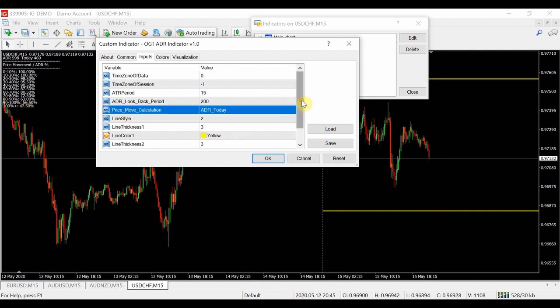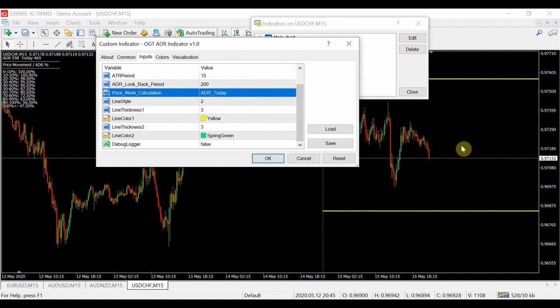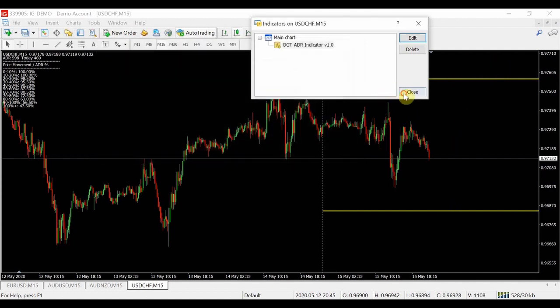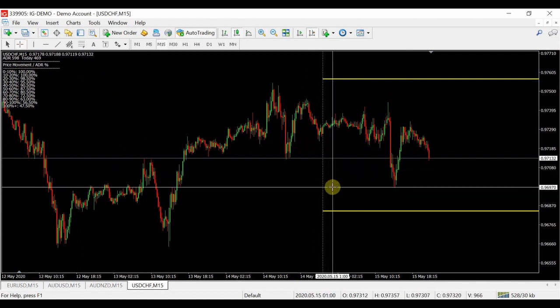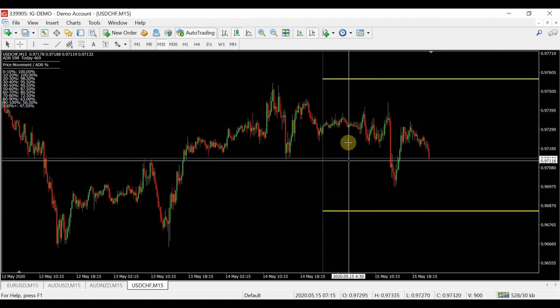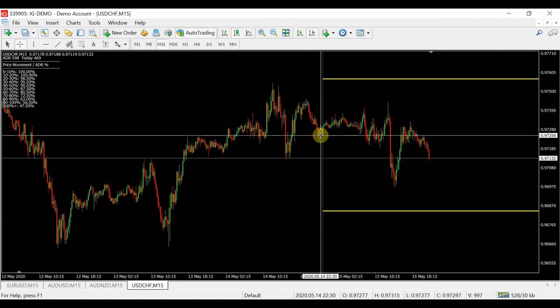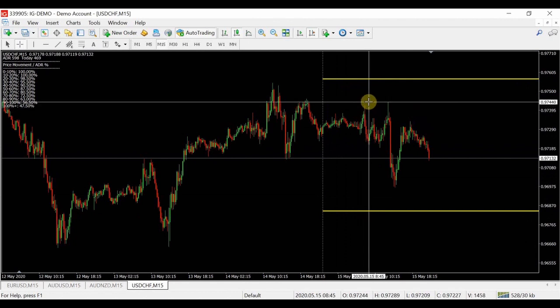Now the next piece talks about these lines over here, and before I go into the settings, I'll explain what these lines are. Once the ADR has been calculated, it sets upper and lower bands based on the high and the low. So for example, if we take the high of the day, it will measure what the ADR is, so 60 pips, and measure 60 pips down.